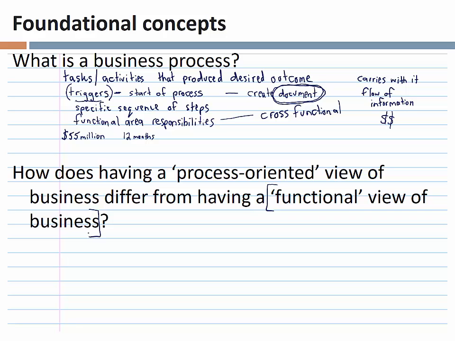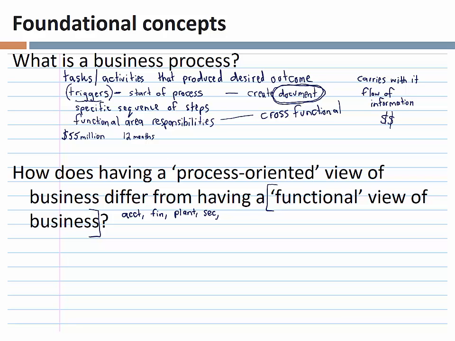Businesses are broken up into functional areas. We have people that work in accounting. We have people that work in finance. We have people that work in the plant making things. We have secretarial support. We could go through and break our organization up into many different functional areas.